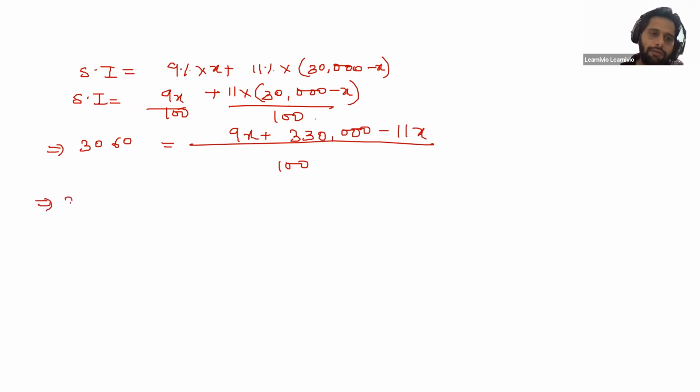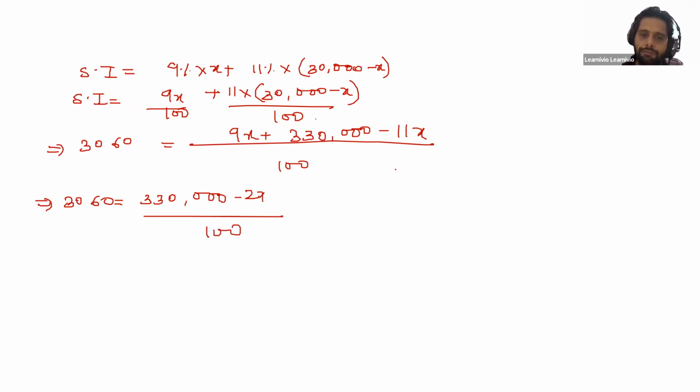So 3060 is equal to (330,000 minus 2x) by 100. Cross multiply this one. So you will get 3060 into 100, 306,000, is equal to 330,000 minus 2x.